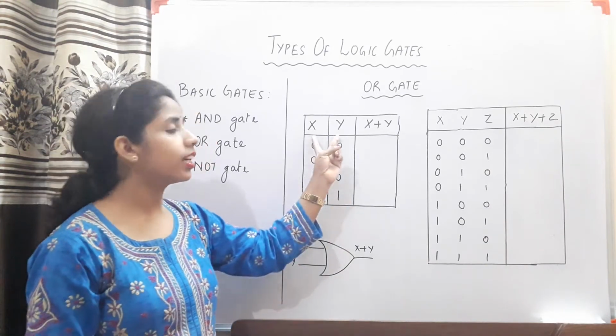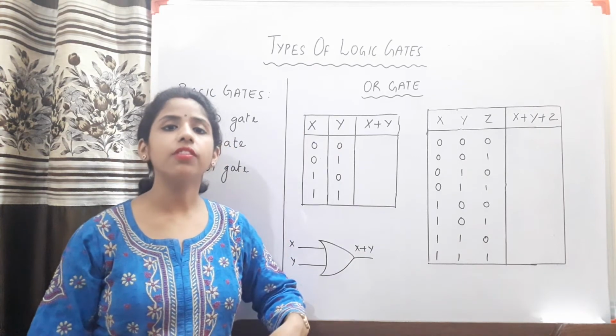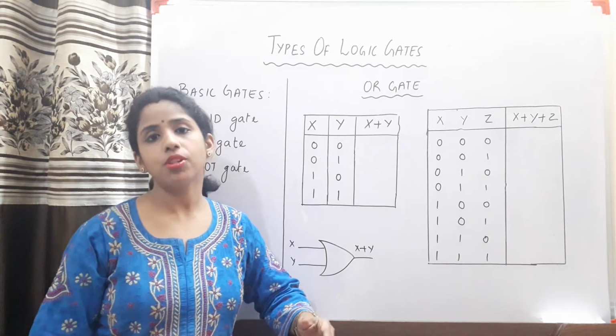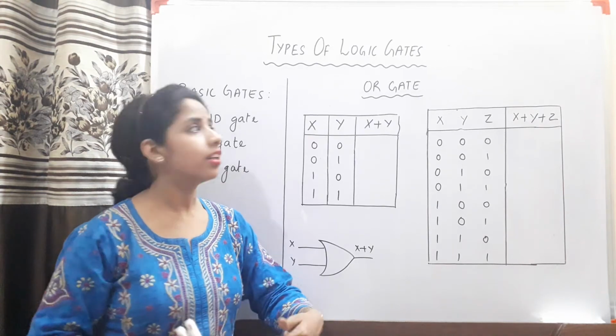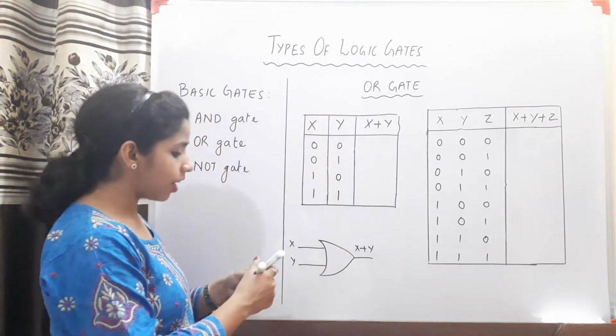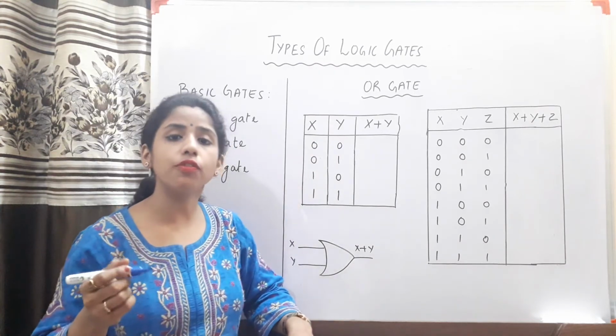So suppose I take 2 inputs, and yes, in the case of any binary operator you can give any number of inputs except that it should not be less than 2, right? So here you see, if I take 2 variables, then what happens in the case of the OR operator?